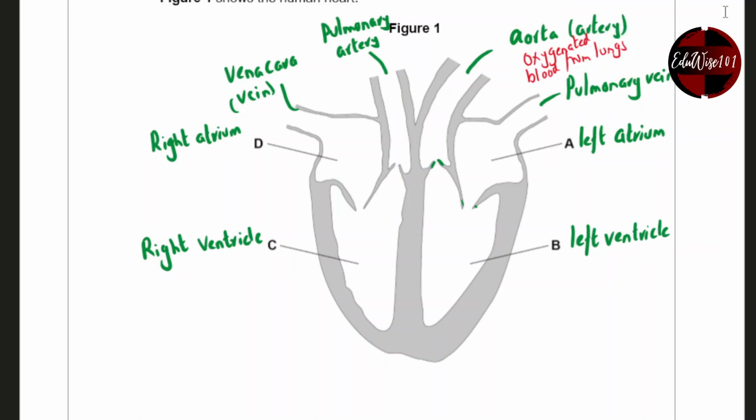So it comes to the atrium first, fills up the atrium, and then goes past this valve once it's full. When the heart beats, it fills up the left ventricle, and then goes back out of the heart again into the pulmonary artery.